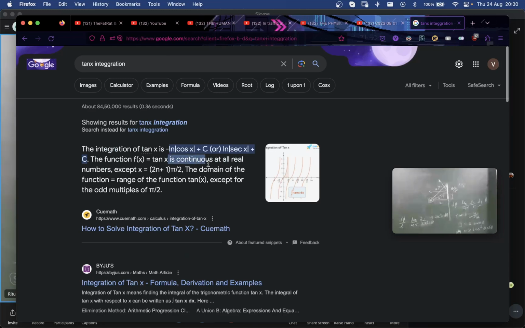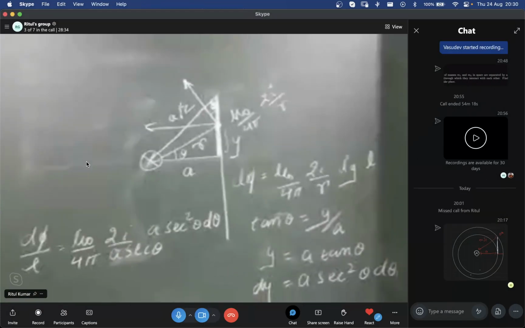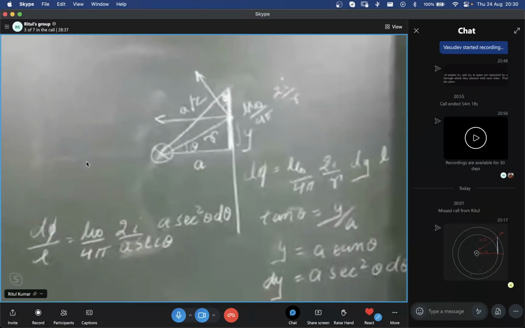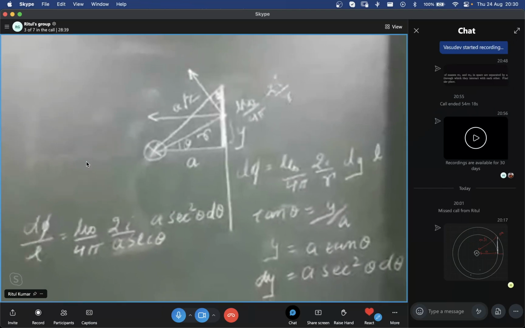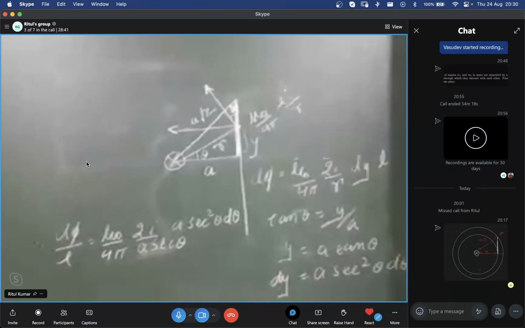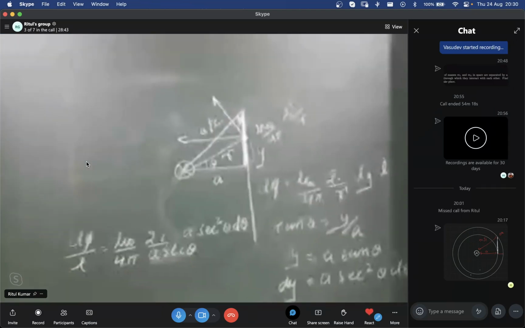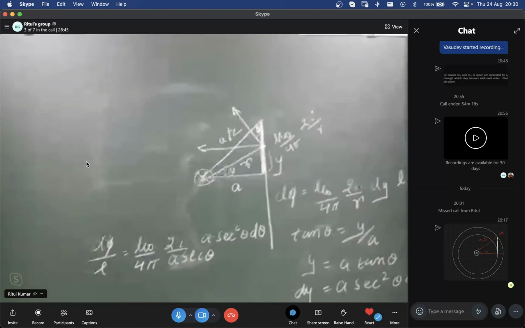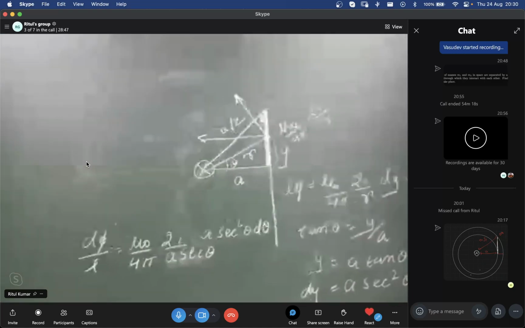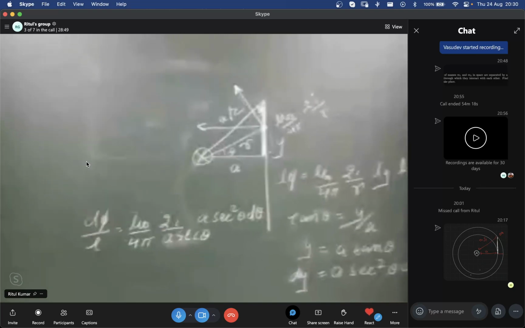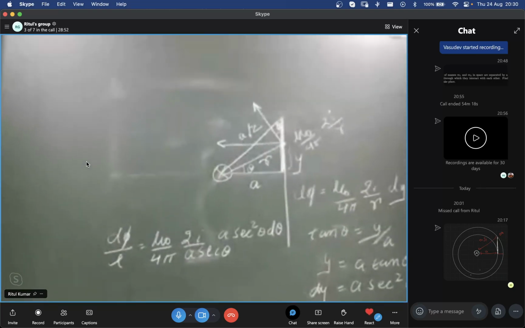The integration of tan x is minus ln cos x. Yes, sir, that should give us our answer. By the way, this is a good integration of tan theta. You do it by substitution, right? Sin theta by cos theta, you substitute cos theta for t. Yes, so when you do that you will get the answer.